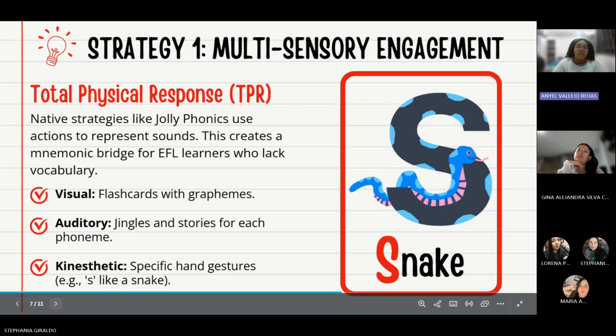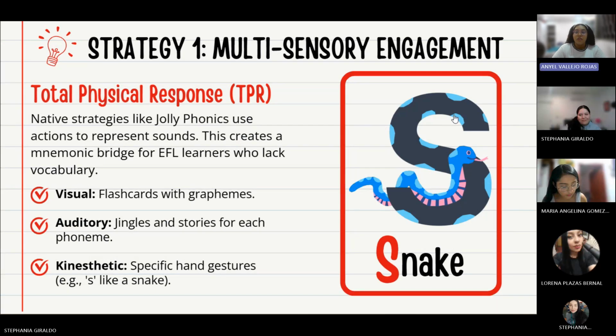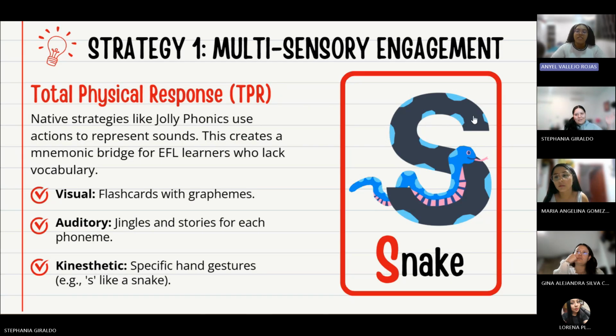We have here this flashcard with a nest with a snake, and what the teachers usually do is pronounce the sound and do a gesture and then teach them the word snake. So this helps learners create strong memory connections and makes learning more interactive and meaningful. The next, please.